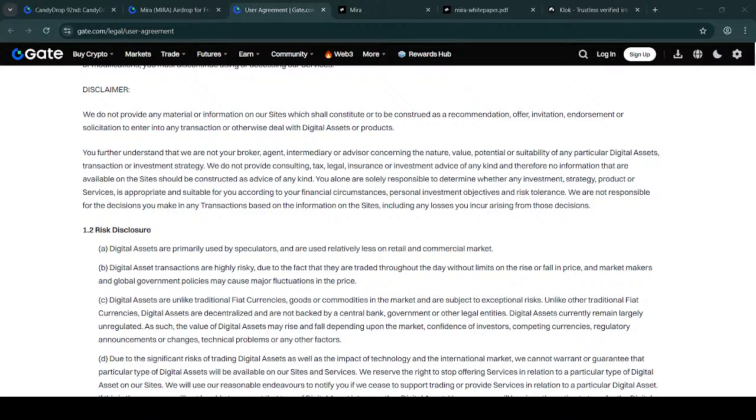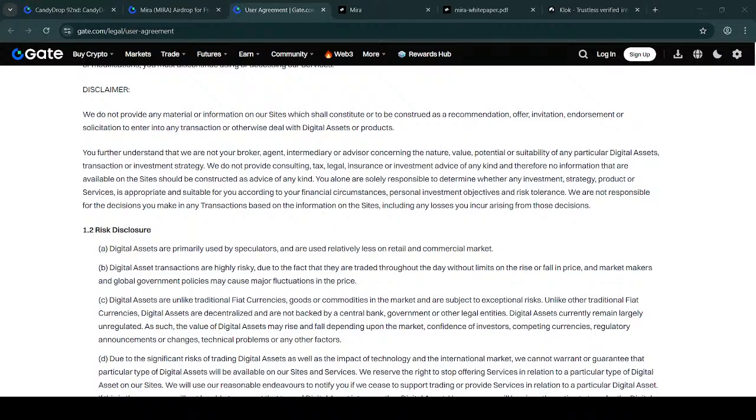So you further understand that we are not your broker, agent, intermediary, or advisor concerning the nature, value, potential, or suitability of any particular digital asset, transaction, or investment strategy. We do not provide consulting, tax, legal, insurance, or investment advice of any kind.